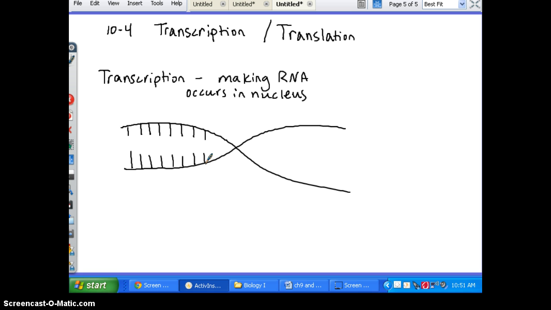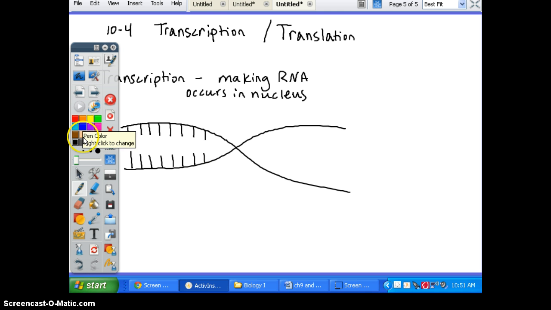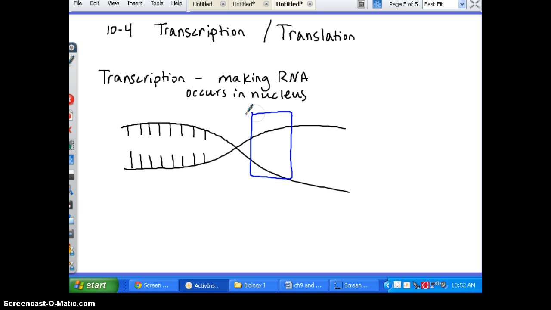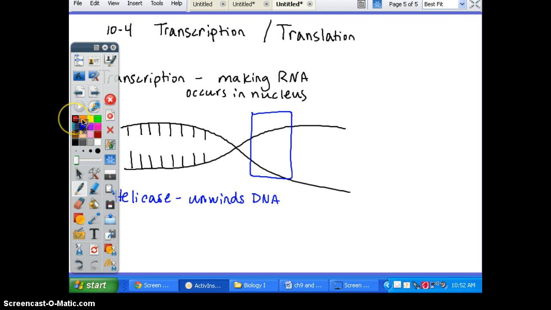Okay, we are going to have an enzyme. Helicase does the same thing it did before. Unwinds DNA. Step 2.